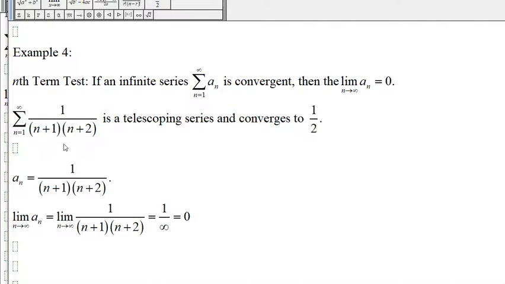The corresponding sequence a sub n is 1 divided by n plus 1 times n plus 2. The limit of a sub n as n approaches infinity would be 1 divided by infinity, which is 0. So again, we have shown that this series is convergent, and therefore the corresponding sequence a sub n has a limit equal to 0.